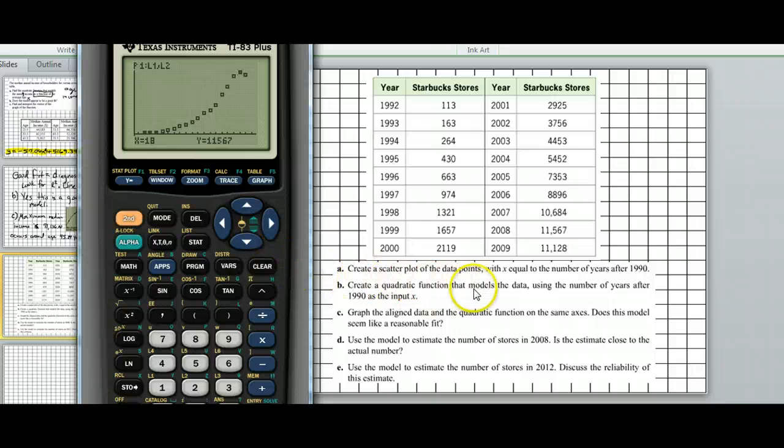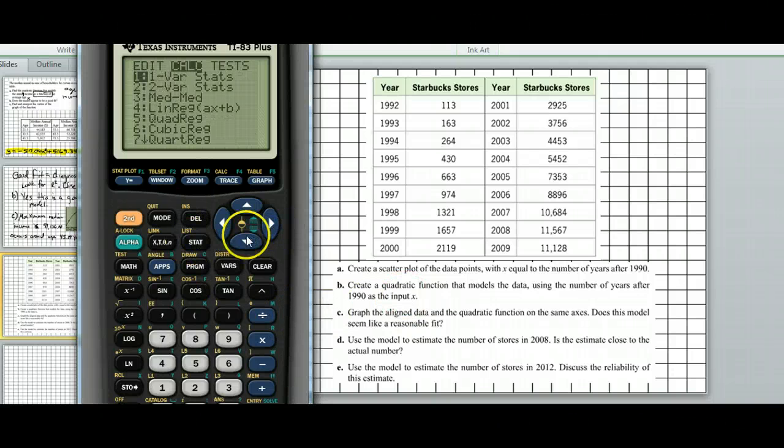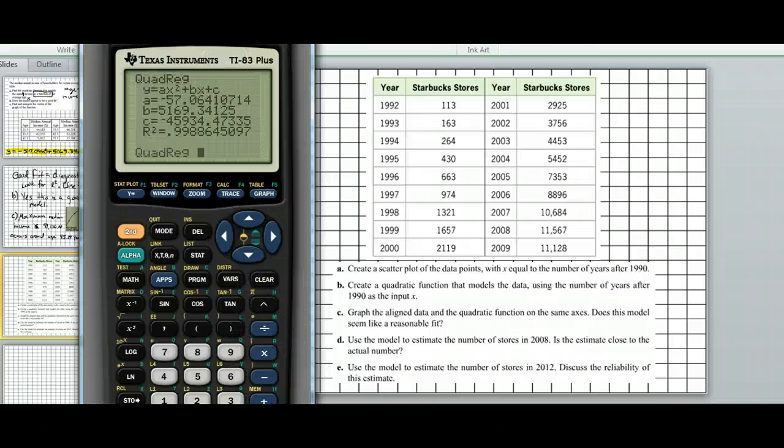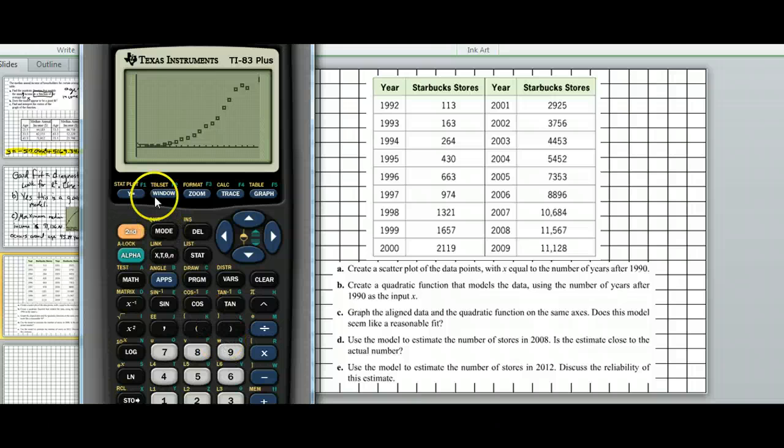Alright, create a quadratic function that models the data using the number of years after 1990 as the input. So that just means what we did before. Quadratic regression. Just like we have been doing, I'm going to tell it to store it in the Y's, just like we did last time. Alright, again, a very good model. And hit zoom 9 again, and then here comes our quadratic.